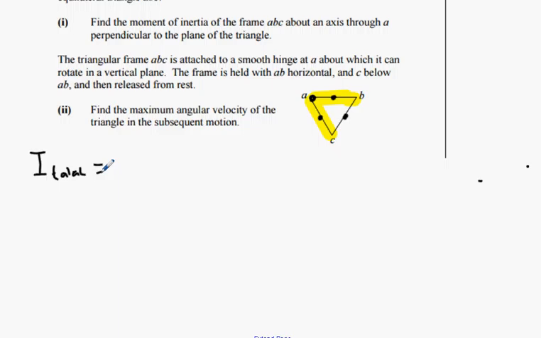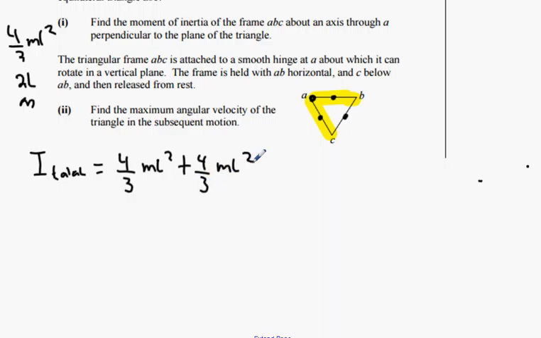So when a rod's held at its end, it's 4/3 ML squared. That is for a rod of length 2L and mass M, which our rod is. So it's 4/3 ML squared plus another 4/3 ML squared.